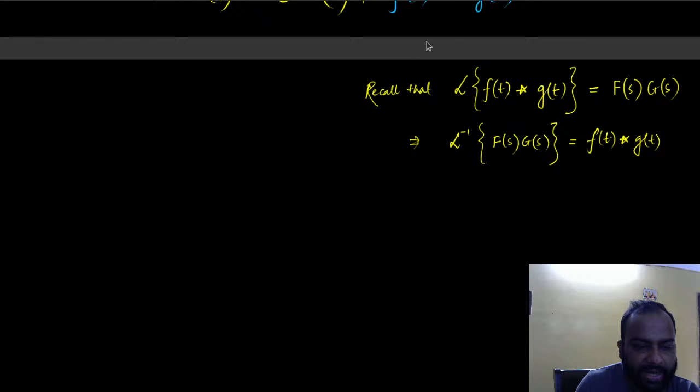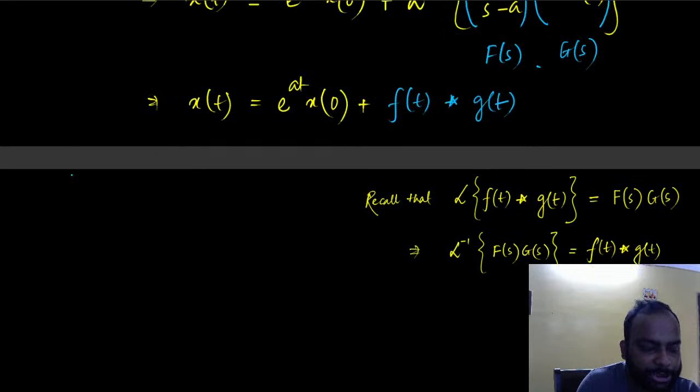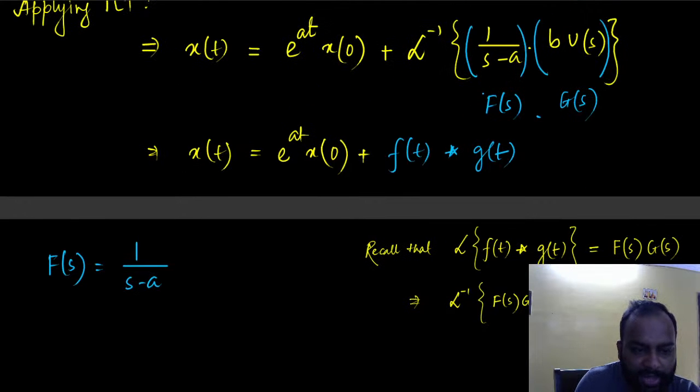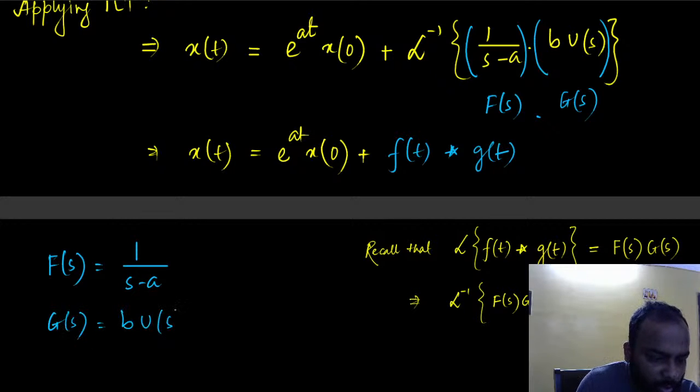Now, our rough work continues. We assumed that F(s) was 1 by s minus a, and we also assumed our G(s) to be equal to b over s.